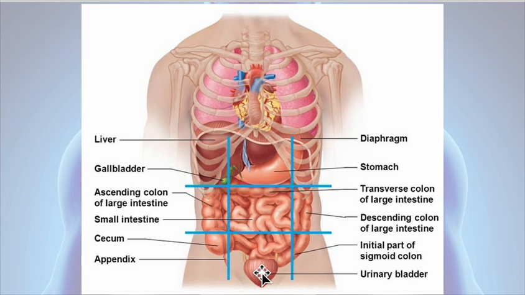So the bladder is located in the hypogastric region. We can see the appendix here in the right iliac region. We can see the gallbladder in the right hypochondriac region. The stomach largely sits in the epigastric region. I think that covered everything that was there.